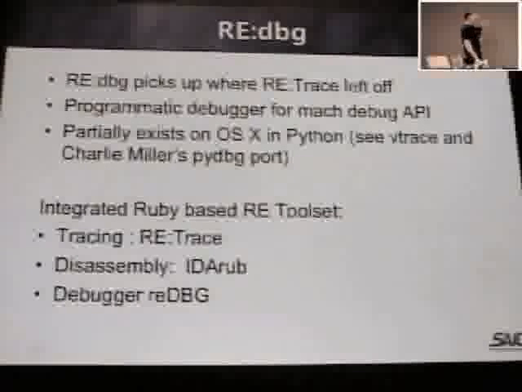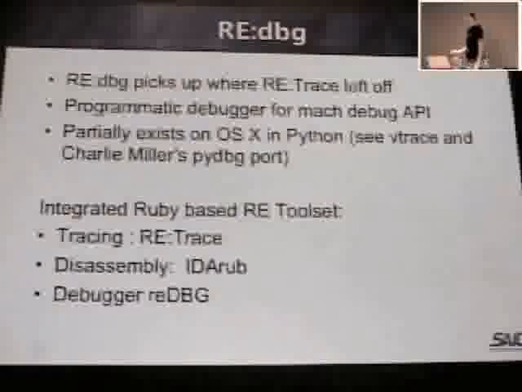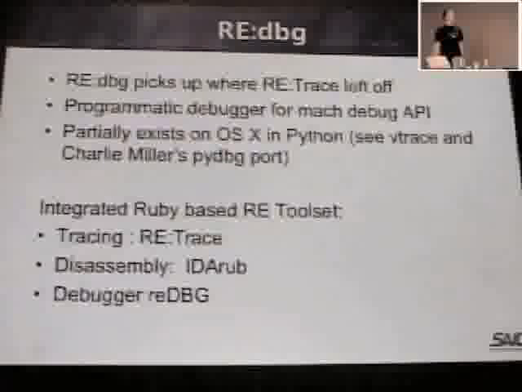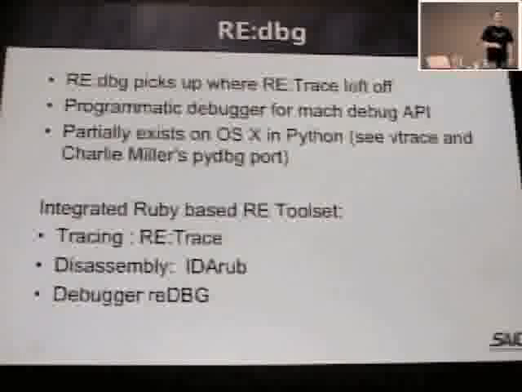So Redbug picks up where Retrace left off. It's a programmatic debugger for the Mach API on OS X. It partially exists in some forms already, right? Charlie Miller did a PyDBG port to make PyMate run on OS X, so he could do file fuzzer parsing.